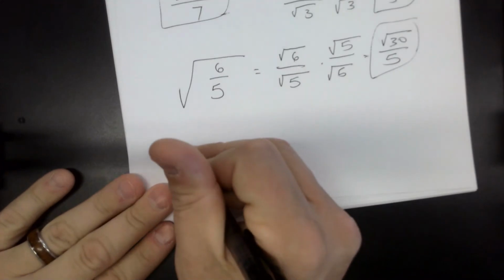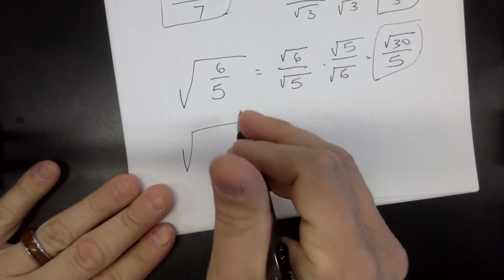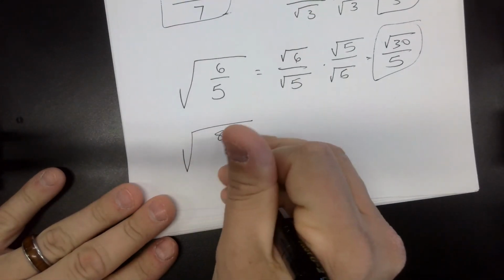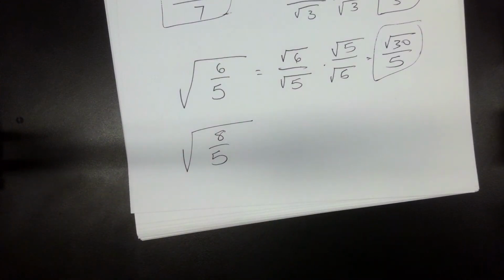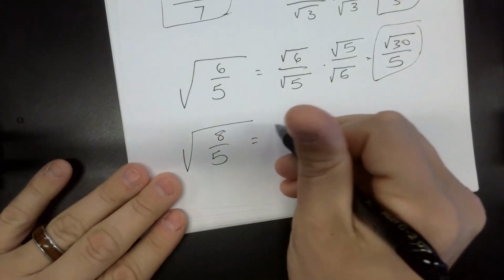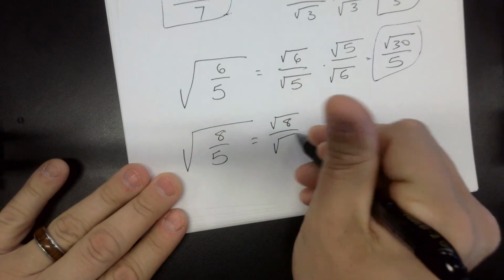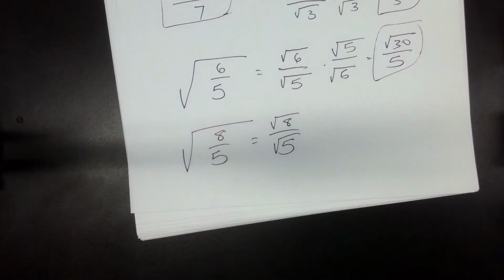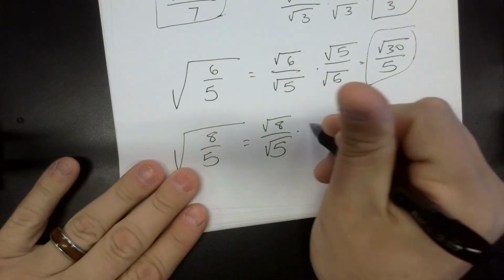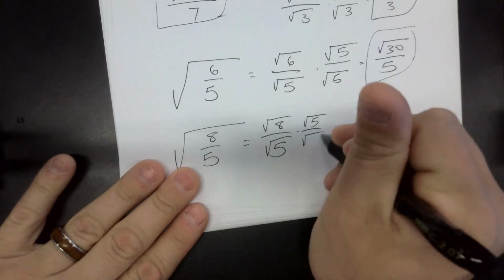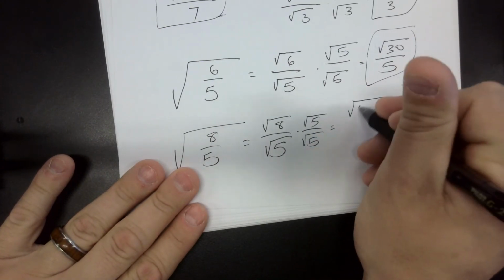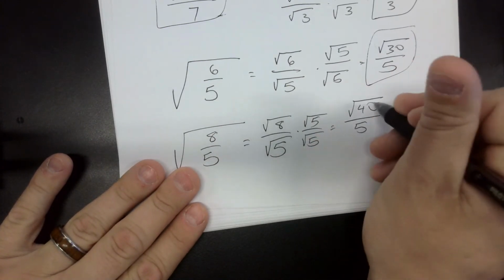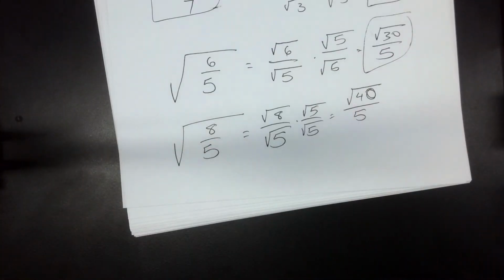Okay, so here's another one. So let's say we had 8 over 5, like that. When we do this, we simplify it down to the square root of 8 over the square root of 5. We times the top and the bottom by square root of 5, which is going to give us the square root of 40 over 5. Do you think you could factor 40? I want you guys to factor 40 and see if you get any pairs.